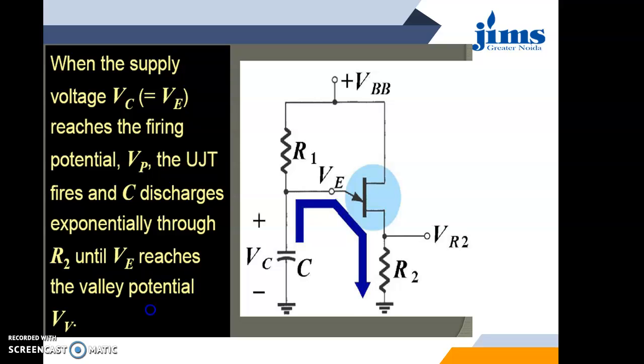Now as soon as the capacitor is fully charged, the potential of the capacitor becomes higher with respect to the potential of the UJT, and the capacitor starts discharging through the UJT. This discharging goes down to a minimum value until the UJT turns off. Then the capacitor starts charging again until the transistor becomes on.